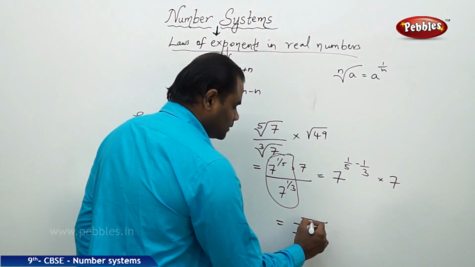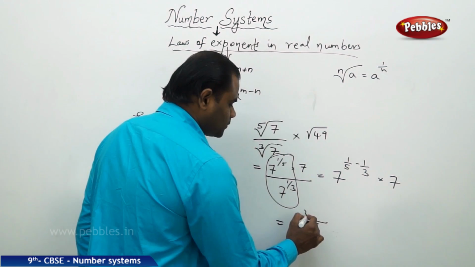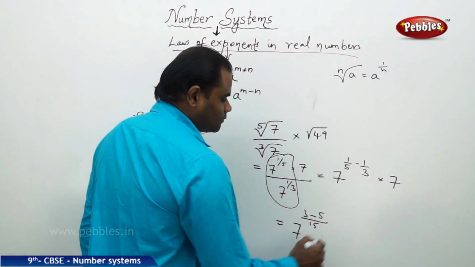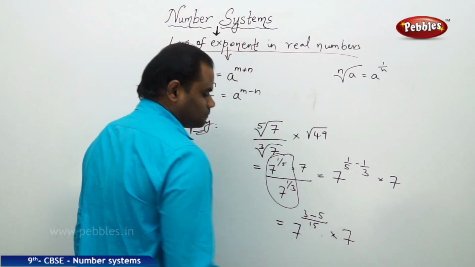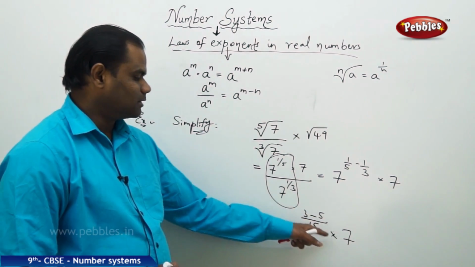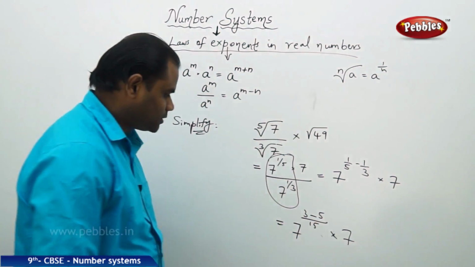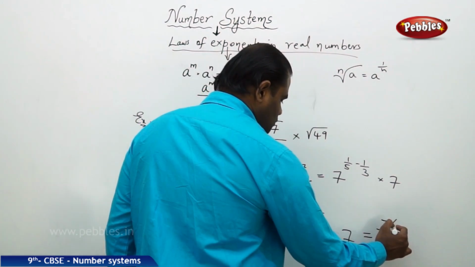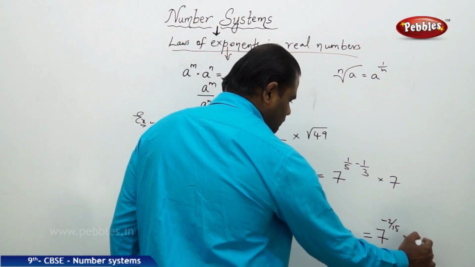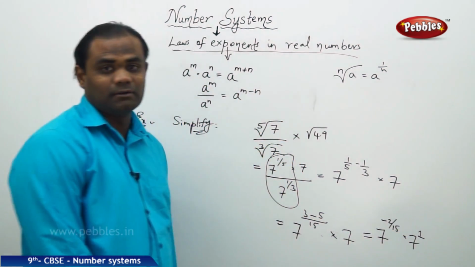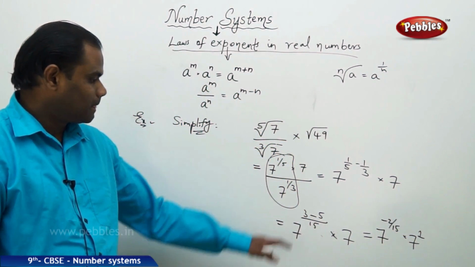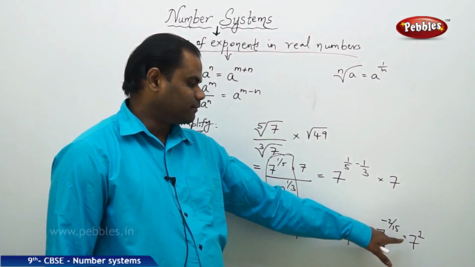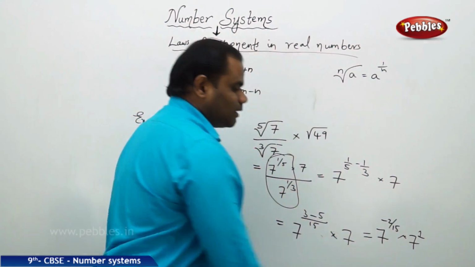I get 7 power (3 minus 5) over 15 times 7. So I get this to be 7 power this times 7, which on further simplification gives 7 power negative 2 over 15 times 7, which can be written as 7 power 1. 3 minus 5 is minus 2 over 15 times 7 power 1.